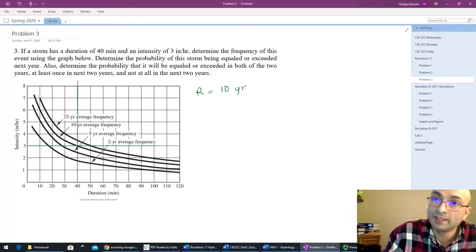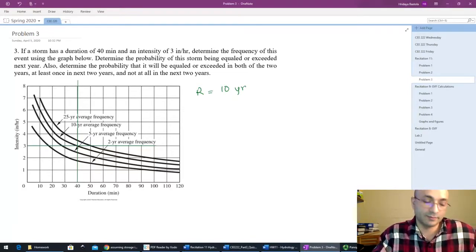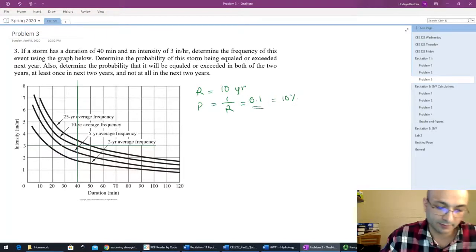The probability of that type of storm happening is then equal to 1 over R, the return period, and that is 0.1, or that is 10%. So we'll just follow the ratio for the rest of this problem.